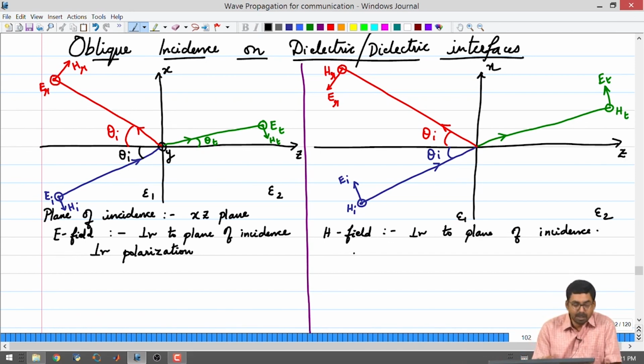E field perpendicular is perpendicular incidence, E field in the plane is parallel, okay, because if you say H field perpendicular, you may be remembering perpendicular for both the cases. So, it is easier to remember in terms of electric field, because we defined polarization as dependent on electric field and how with respect to time the electric field direction is changing. So, this particular case is known as parallel polarization.